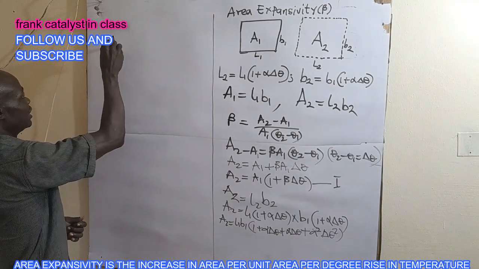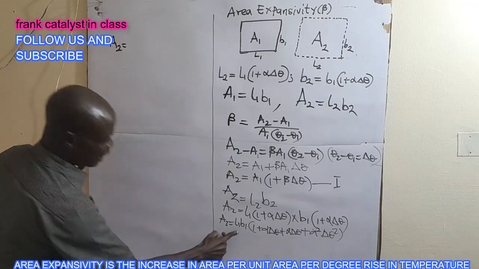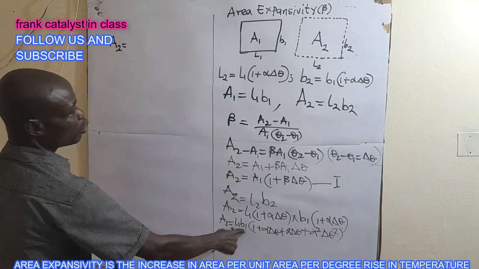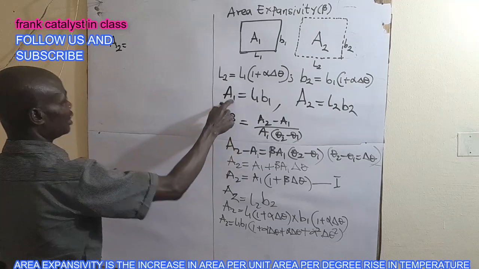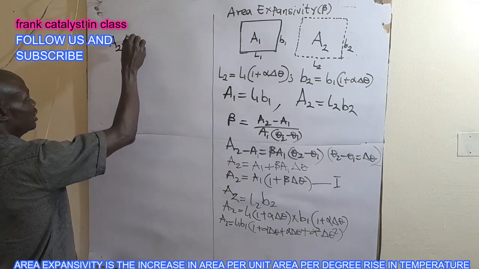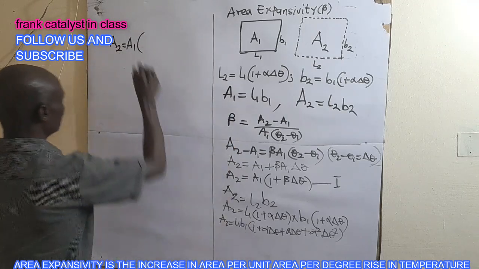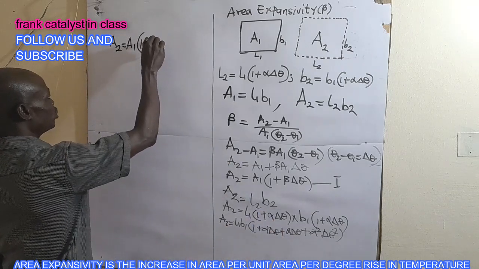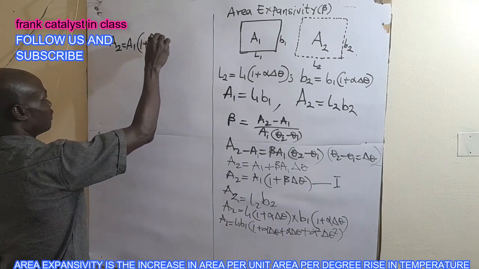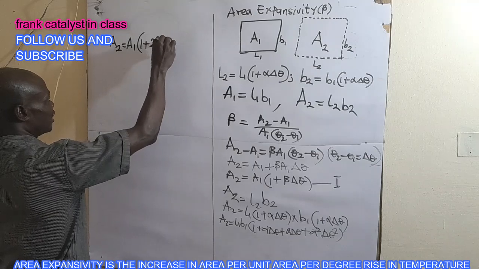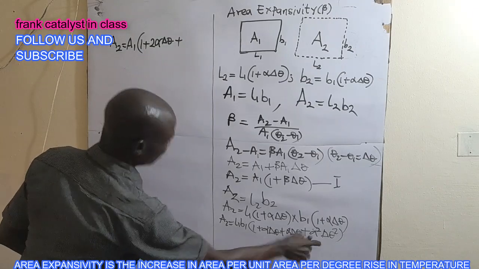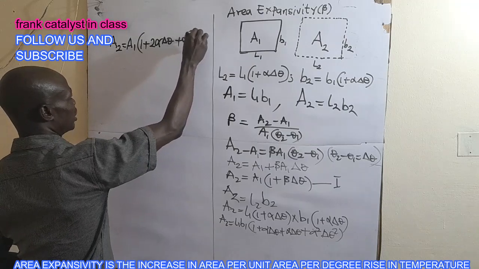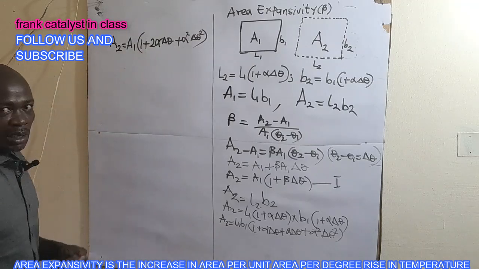We now have that A2 is equal to L1 multiplied by B1, which is equal to A1. So we have A1 bracket 1 plus alpha change in theta plus alpha change in theta, which is 2 alpha change in theta, then plus alpha squared change in theta squared.